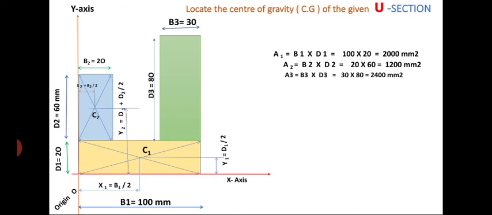Now I am drawing the diagonals for the third rectangle to locate C3 at a distance of x3 equal to total base b1 minus b3 by 2 and y3 equal to d1 plus d3 by 2.